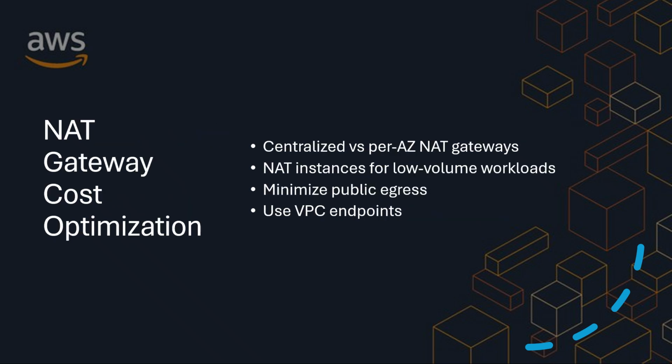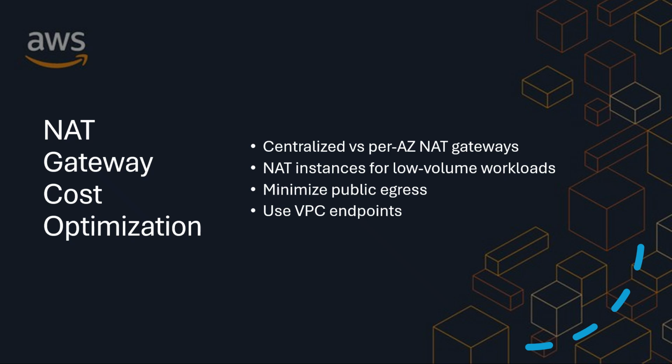NAT gateways are often one of the biggest contributors to the network cost. A key design decision is whether to deploy a single shared NAT gateway or one per AZ. A single NAT gateway is cheaper, but cross-AZ traffic incurs data transfer charges. On the other hand, one NAT gateway per AZ eliminates the cross-AZ charges but increases the base NAT cost.